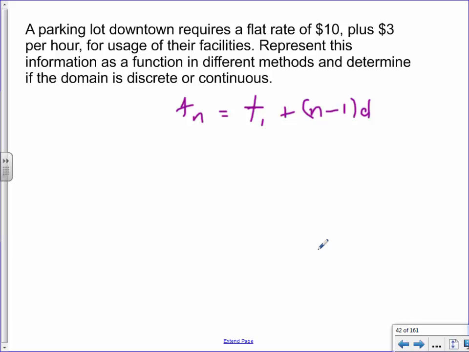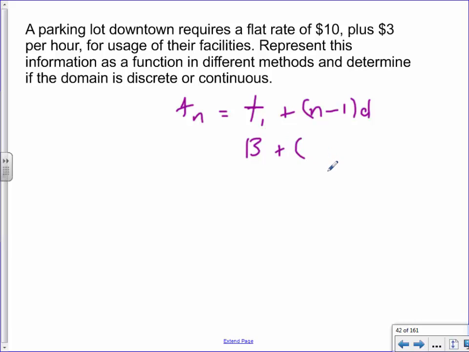How much will it cost you for the first hour? 13. Because it's $10 regardless, but it's still $3 an hour after that. So if you're in the parking lot for 1 hour, you pay the $10, and then you still get dinged with the $3 as well. Does that make sense? So T1 is actually 13.